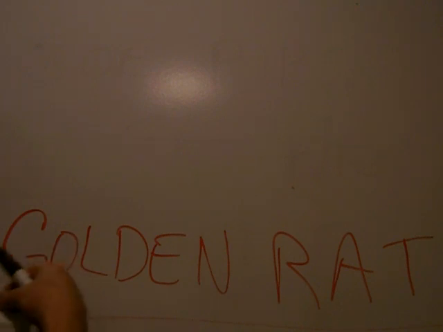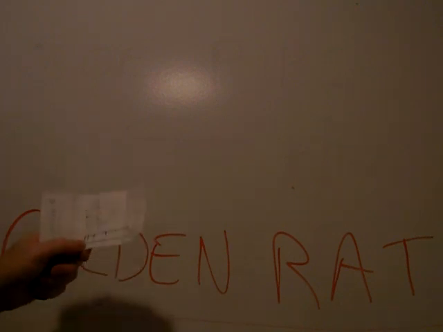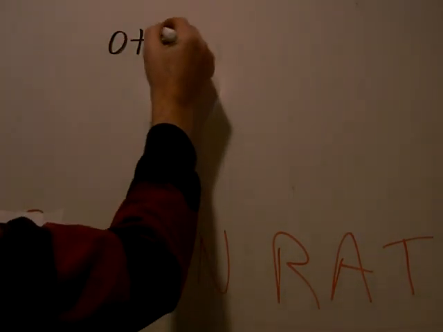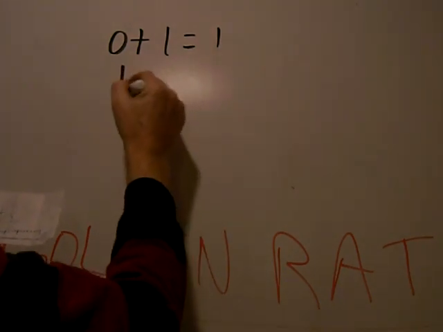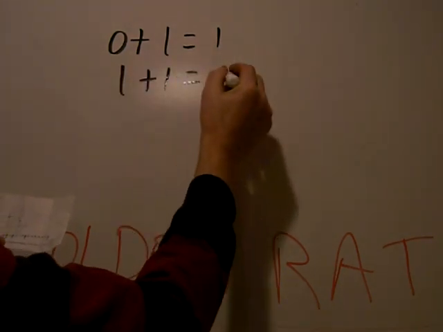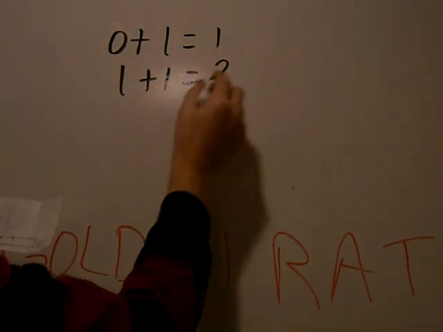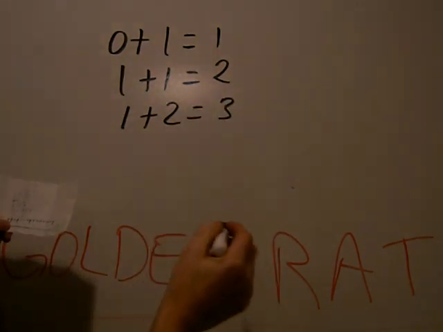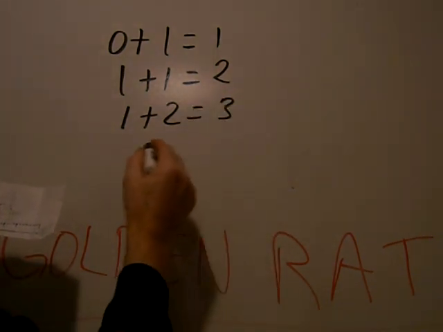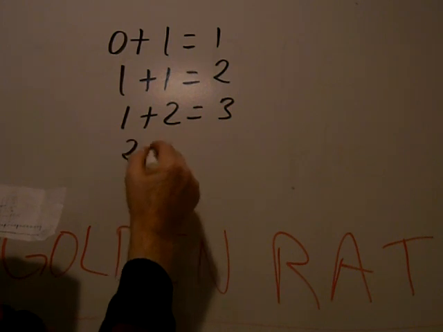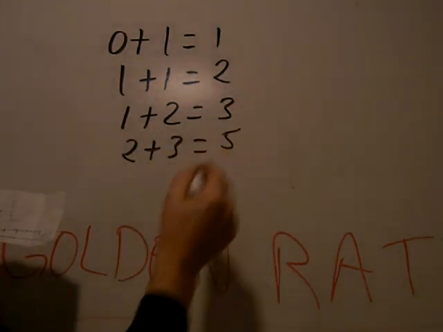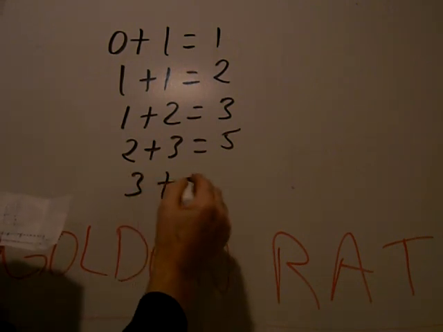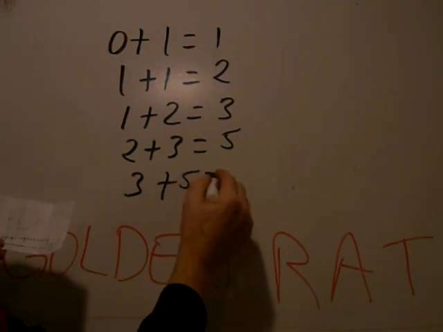Okay, the golden ratio is basically the frequency of the universe, and it starts off with, you add 0 plus 1 equals 1, 1 plus 1 equals 2, then you add 1 and 2 together, 1 plus 2 equals 3, and then you have 2 plus 3 equals 5, and we'll go one more. 3 plus 5 equals 8.